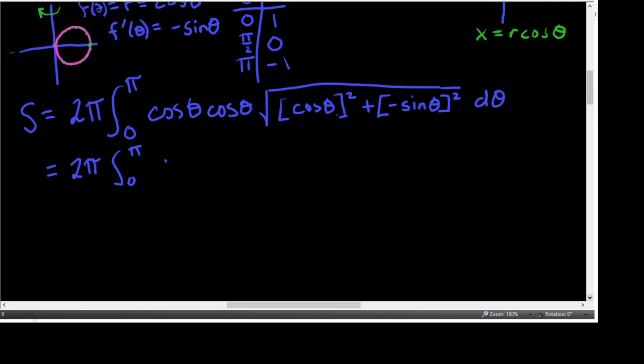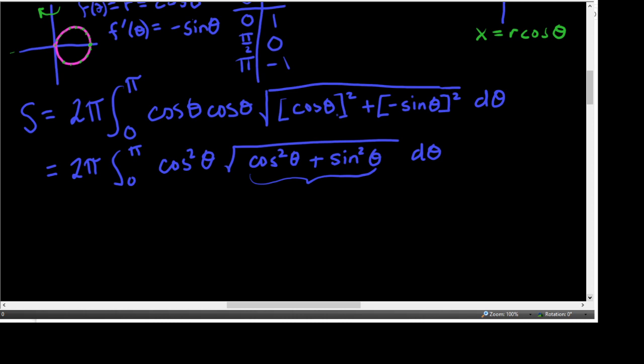So cosine times cosine will make that cosine squared theta, plus negative sine theta times negative sine theta is positive sine squared theta. And luckily we know that Pythagorean identity that says that sine squared theta plus cosine squared theta is equal to 1. So this right here will become 1, and the square root of 1 is 1, and so it simplifies to be 2 pi times the integral from 0 to pi of just plain old cosine squared theta.